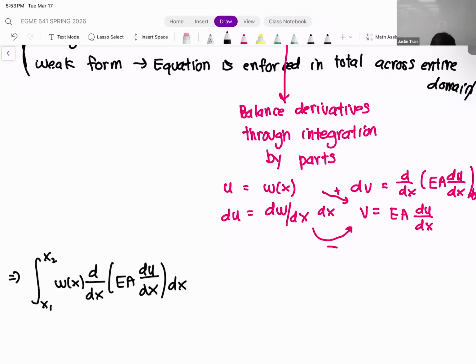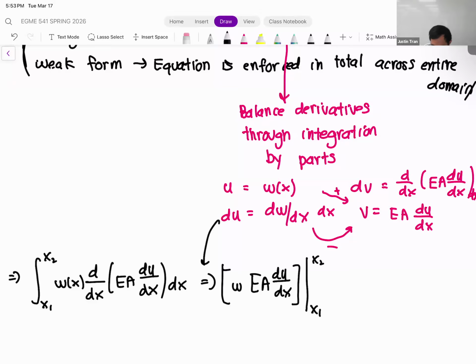Applying integration by parts, we get w times EA du dx, evaluated at x1, x2. That term is fully integrated, so it does not need any more integration.